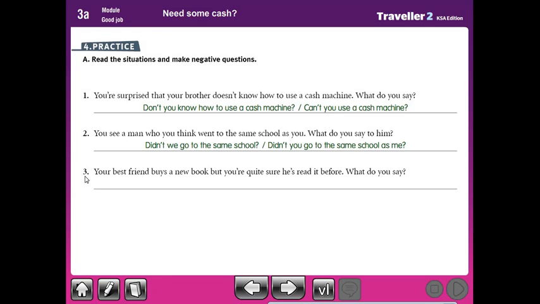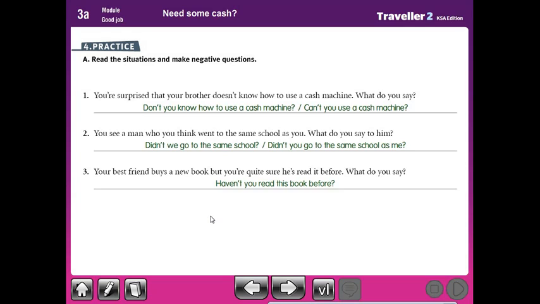3. Your best friend buys a new book, but you are quite sure he has read it before. What do you say? Yes, haven't you read this book before?